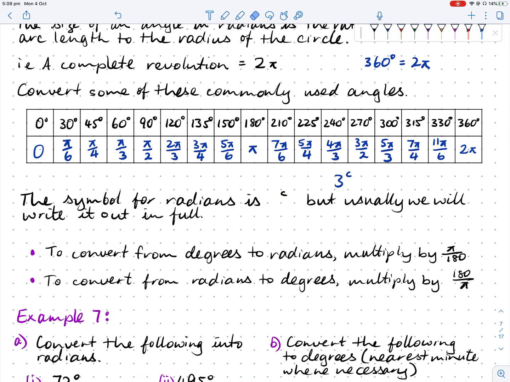But sometimes that can get confusing because it isn't really used as much in our textbooks. So usually when we want to write that something's in radians, we'll just write out the whole word. So we'll just say 4 radians. Or it could be a decimal. Decimals are fine too. It could be expressions in terms of pi, like what we found above.